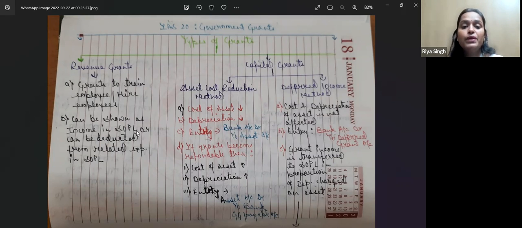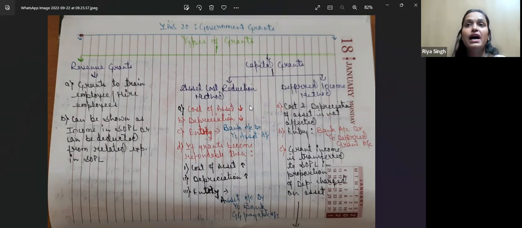Now, what will be the impact in the balance sheet or in the statement of profit and loss account? As we receive the capital grant from the government for the purchase of any asset, the cost of the asset will decrease.